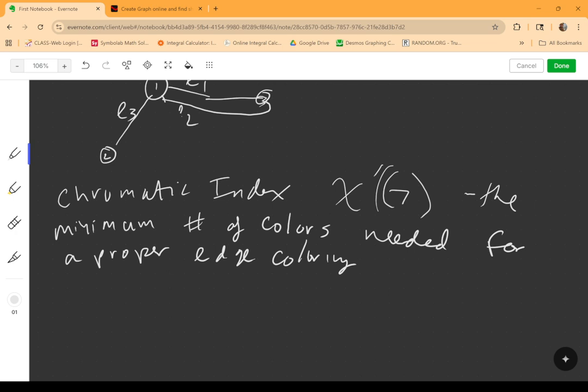Okay, and by proper edge coloring, it means no adjacent edges have the same color.